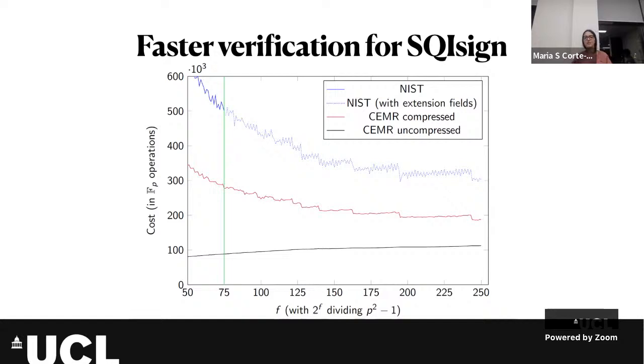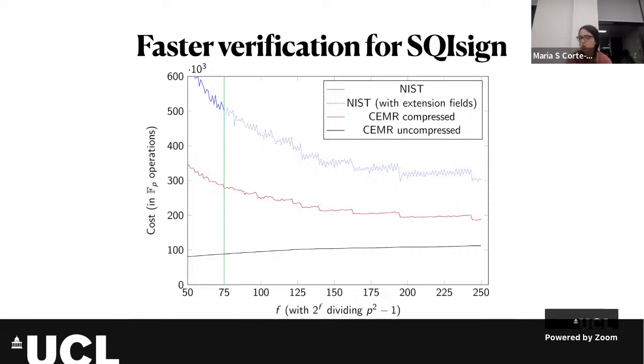I'll say the concrete times, but this was implemented in Sage, so this is not how slow SQIsign really is. The NIST submission code, when we implemented the same thing in Sage, took like 12 minutes, and ours took like 15. So very comparable, only a slight slowdown. In the future, we want to implement it in C to be able to have a more accurate comparison. We did it as a proof of concept to show that it's not so much slower.